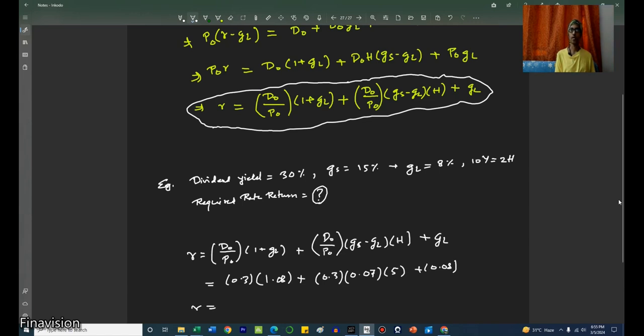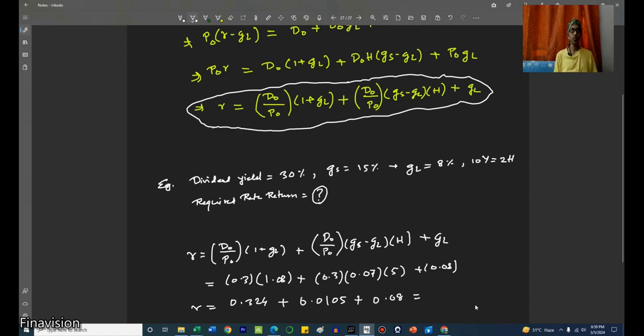Therefore R is equal to, quickly calculate the value guys, 0.3 into 1.08, 0.324, plus 5 into 0.07 into 0.03, 0.0105, plus 0.08.